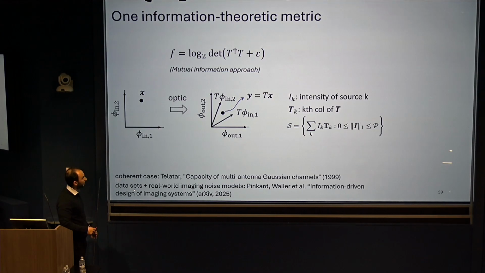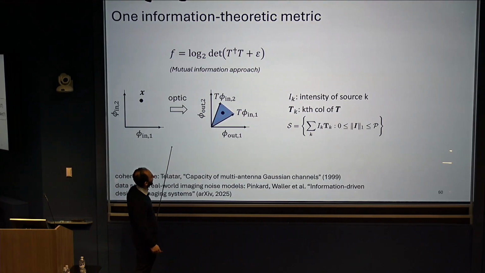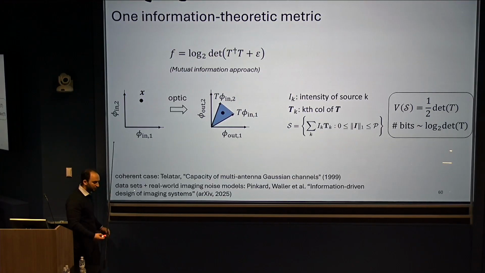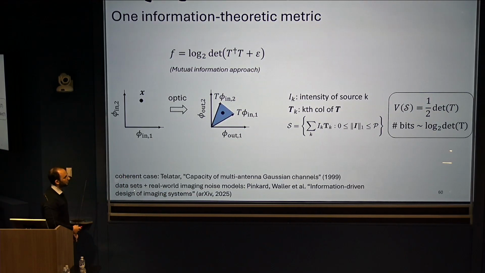I'll just say, we've been analyzing through both a mutual information perspective and a Fisher information perspective how you maximize the amount of information that the photonic system produces at the detectors from the sources. And the assumption there is that the back end will be so good that it will extract any information that has made it to the detectors.